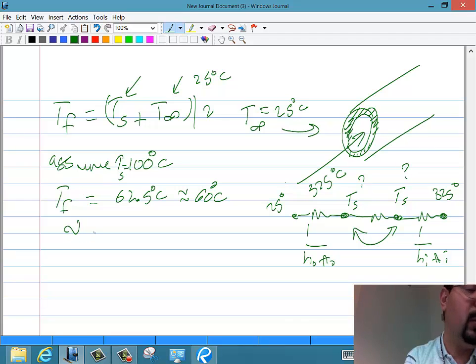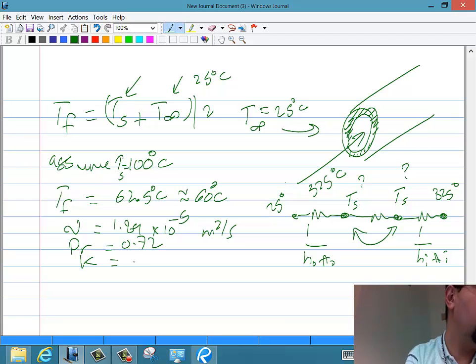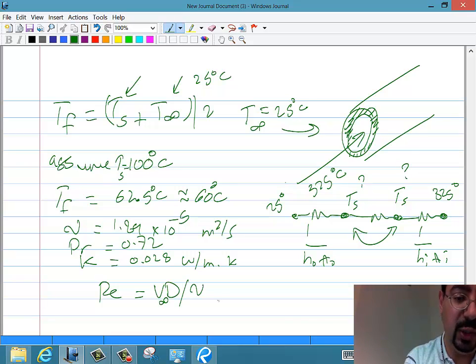Right. And you get the new nu, 1.89 times 10 to the minus 5 meters squared per second, the Prandtl 0.72, the K 0.028 watt per meter Kelvin, and then we calculate the Reynolds number, V d, so V infinity d over nu, and it's 1.05 times 10 to the power 5.